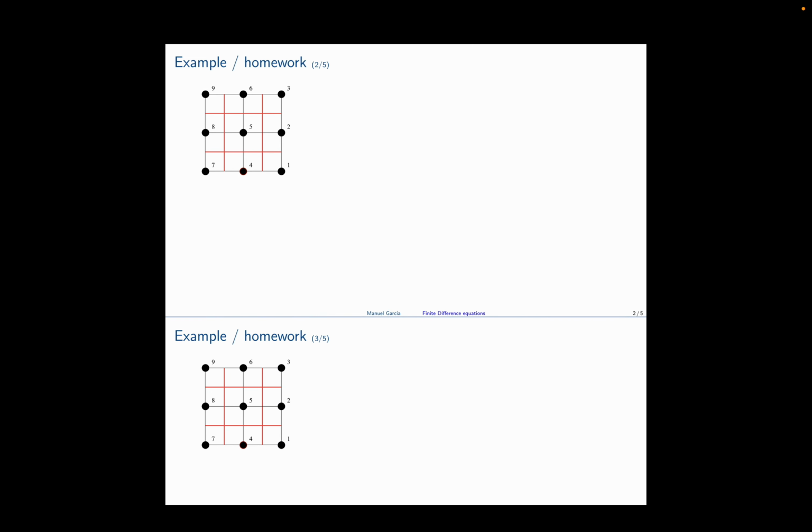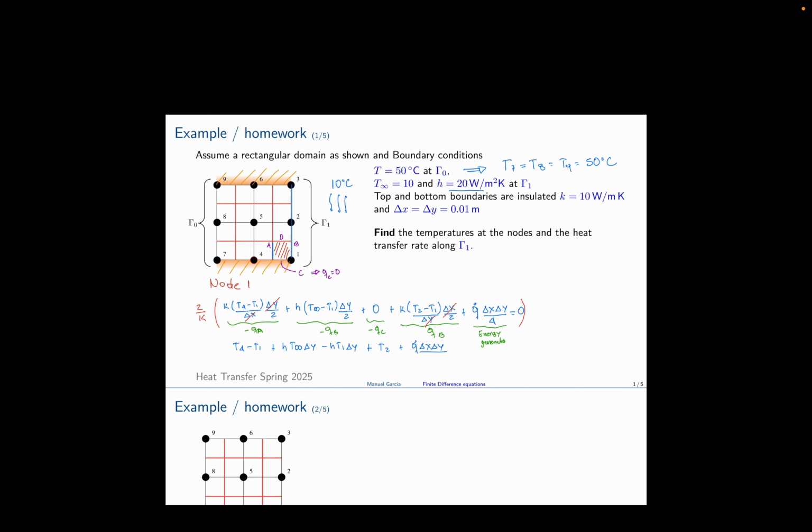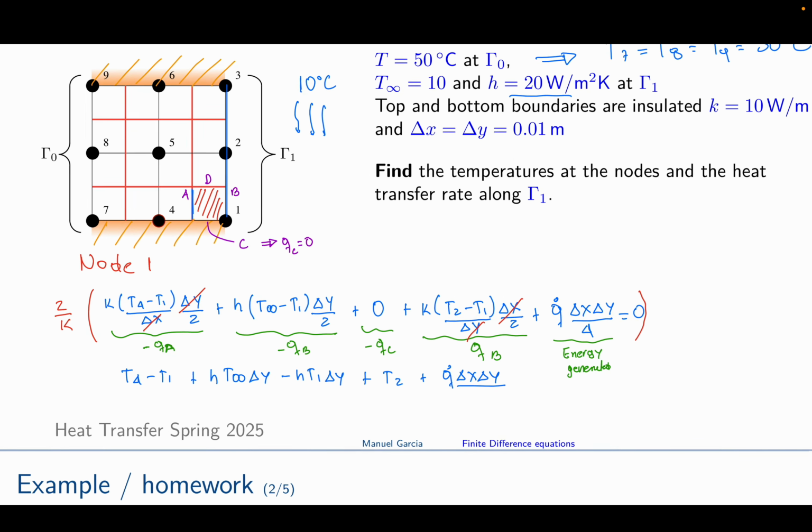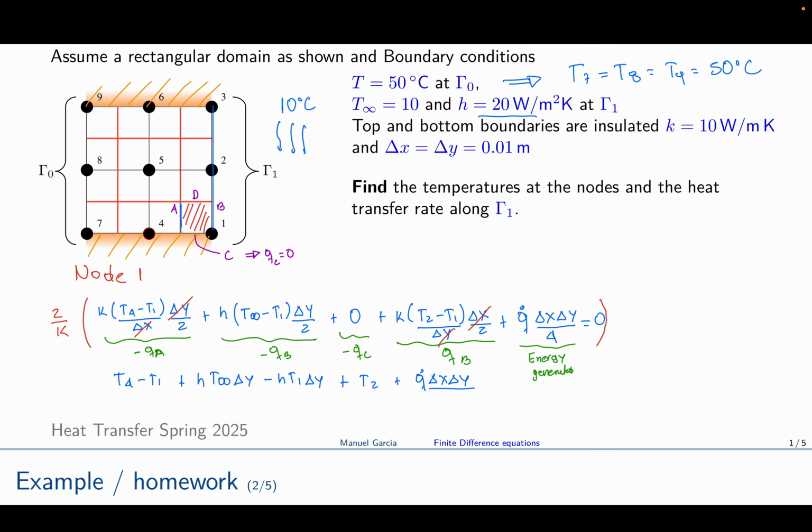That was a very long line, sorry about that. And that should be equal to 0.